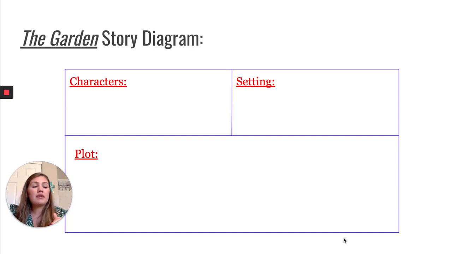For the next part, we have to see what the solution is. How did the characters solve the problem? How did they solve that the seeds won't grow? Go ahead and tell the person next to you or write it down if you can. For the solution I got is that he waters the seeds, he lets the sun hit them, and he waits until they grow.